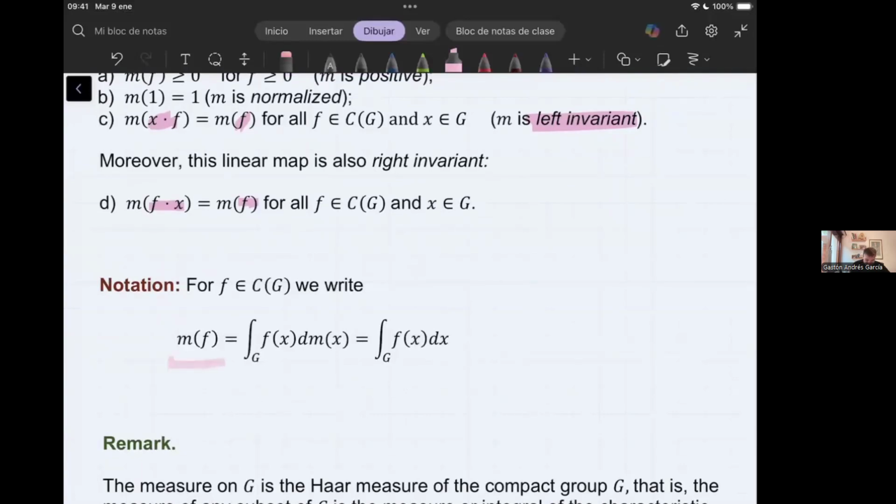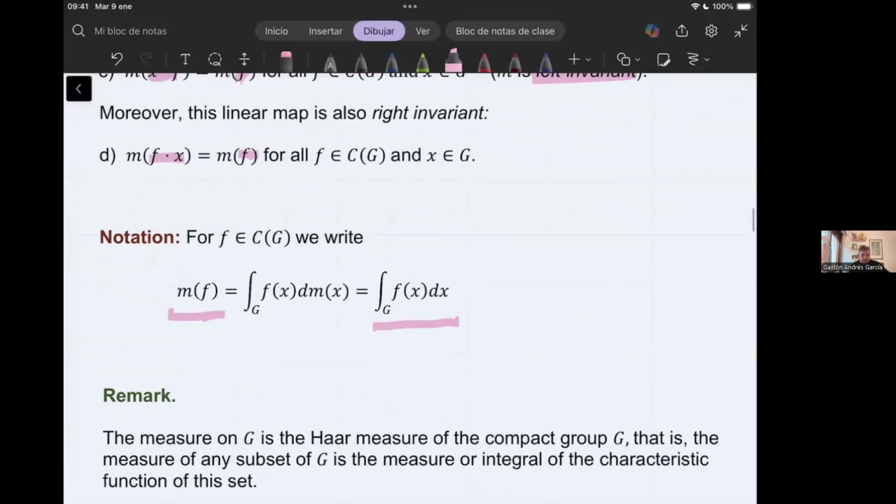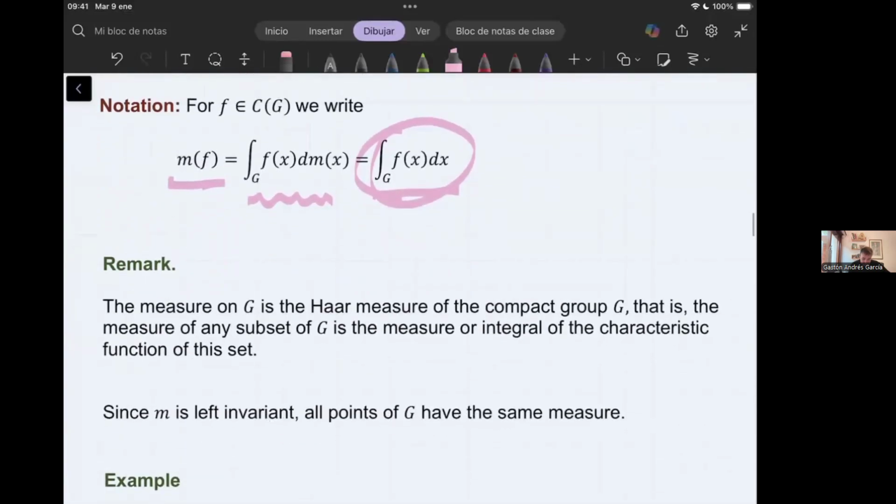So the measure of any function f, we write like the integral of f over G. I'm going to use this notation more than the one in the middle. The measure is defined on the functions. So what is the measure on a subset of the compact group? It's just the measure applied to the characteristic function on the subset.